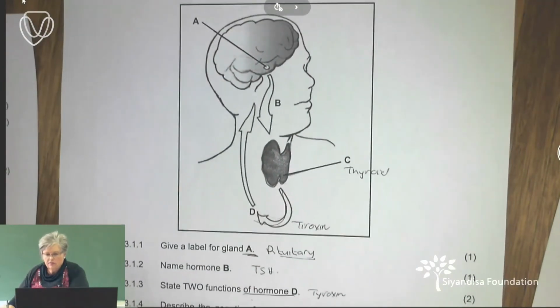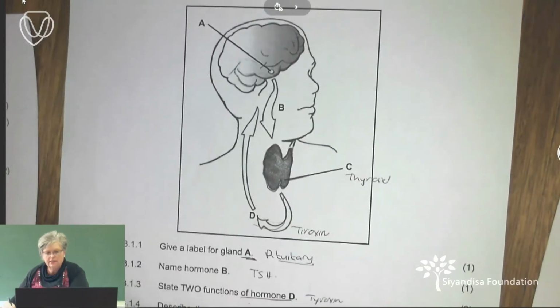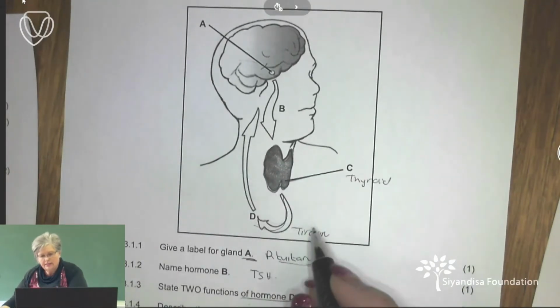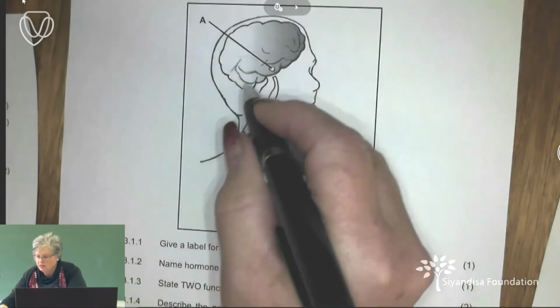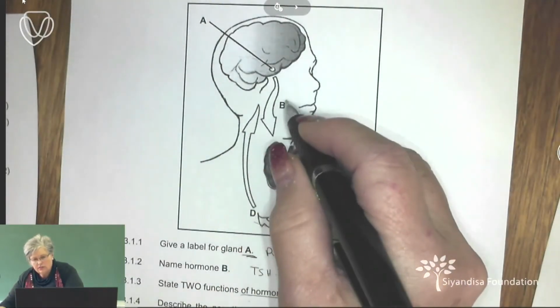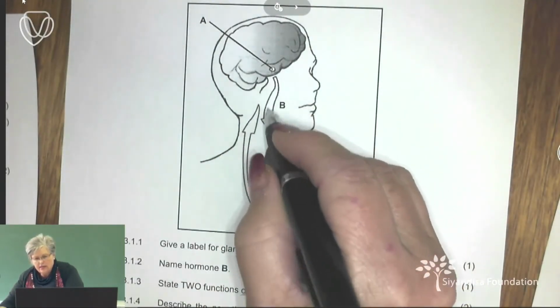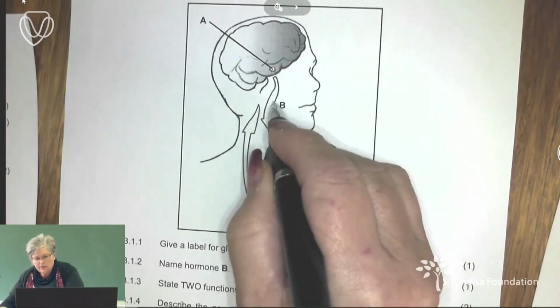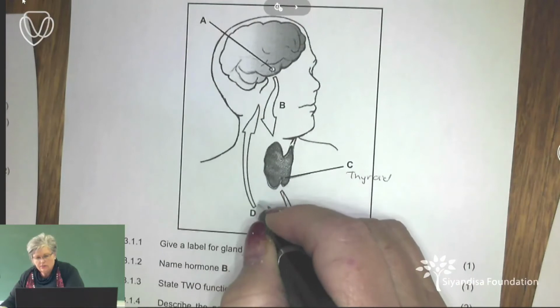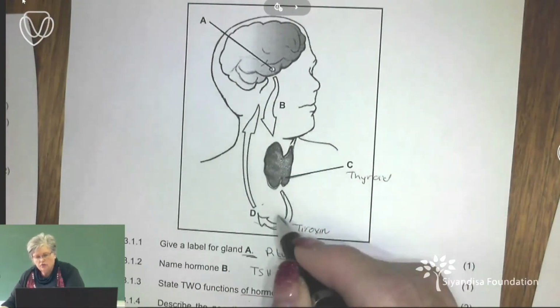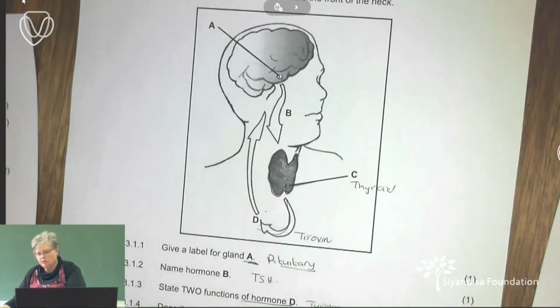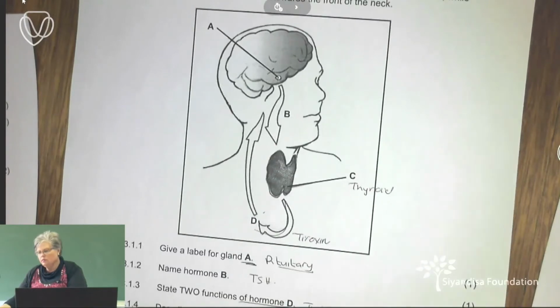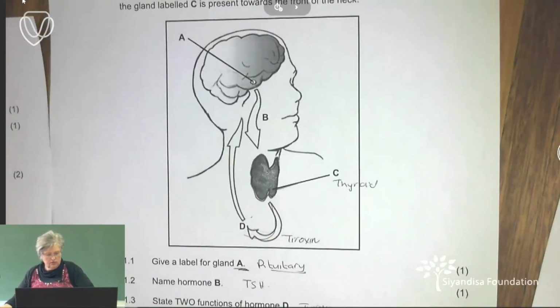It does not give you what gland, and you must deduce, you must analyze this picture and see, okay, there is the brain, then it goes to the thyroid. So that means that must be TSH and this must be thyroxine. And only from there can you work out the answer. So that makes it a little bit higher cognitive.